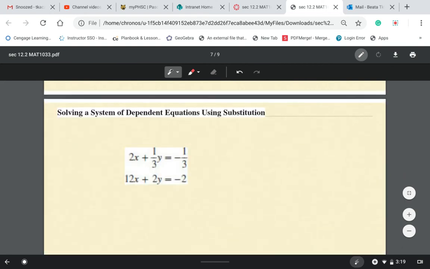Next example, it's about a system of dependent equations using substitution. So don't forget that dependent equations, that's when you have infinitely many solutions.